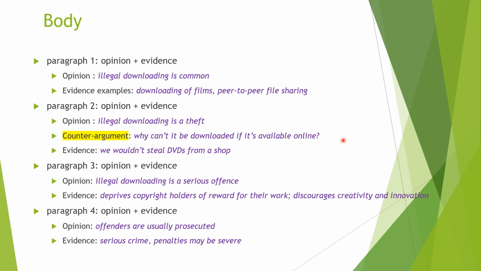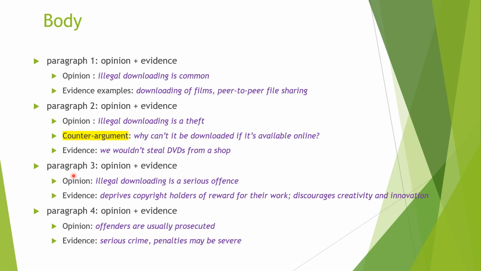Why is it a theft? You need to use evidence to support your point of view, for example, we can't just steal DVDs from a shop. You know that there are DVDs in the shop, you can't just take them without paying. So you can provide evidence to show the audience why your opinion is correct, or you can even write some counter arguments there.